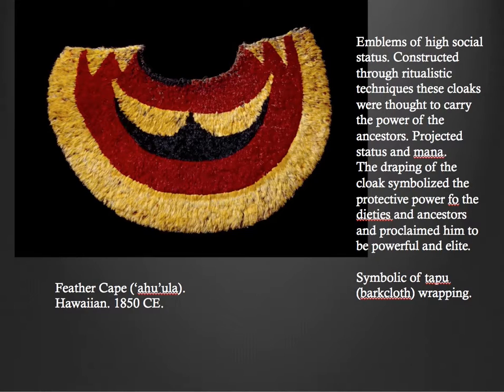The Hawaiian feathered cape also is an emblem of high social status. This thing protected the status and manna. It symbolized protective power of the ancestors and marked the wearer as someone who was powerful and elite.